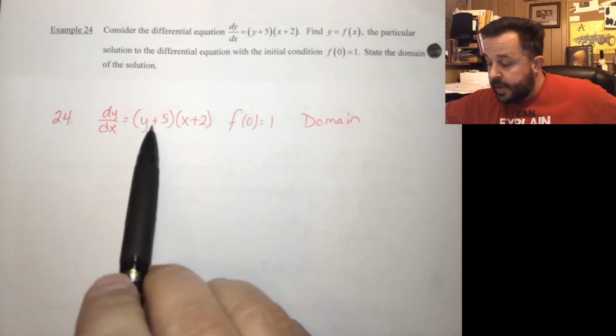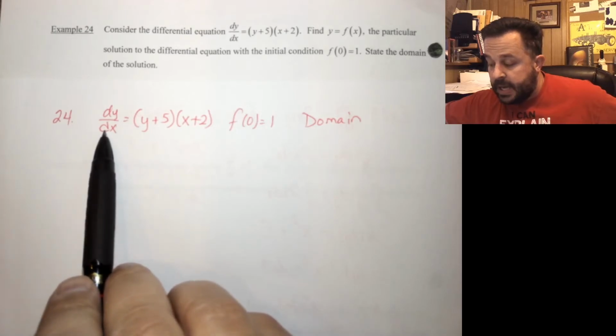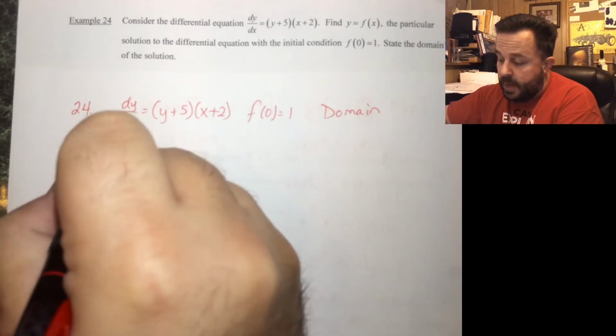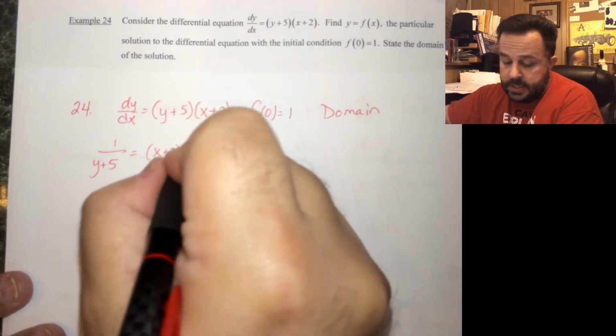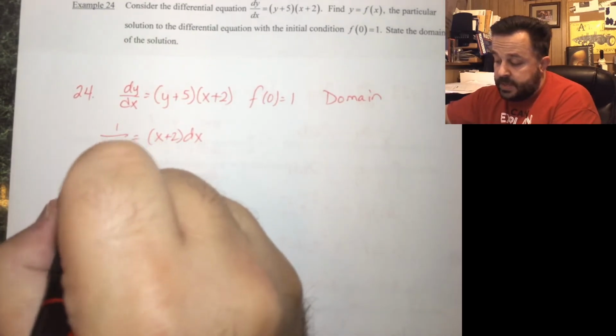So again, we're going to divide by y plus 5 and multiply by dx. So I end up getting 1 over y plus 5 dy equals x plus 2 dx. Now we integrate both sides.